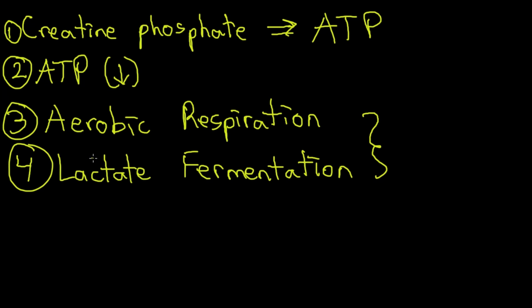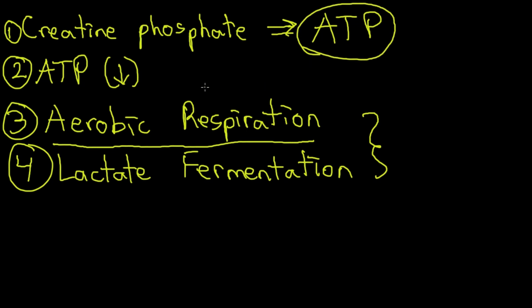And so typically if you are a long distance runner, you would be relying on the aerobic respiration. Whereas if you're somebody like Usain Bolt, you would be relying more on the creatine phosphate supply, because the duration of your activity is about 10 seconds long, and therefore you're not going to be using your aerobic respiration supplies, because the length of your activity will not be reached by that time.